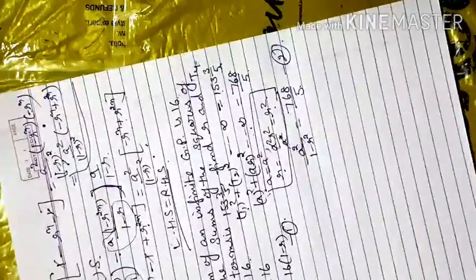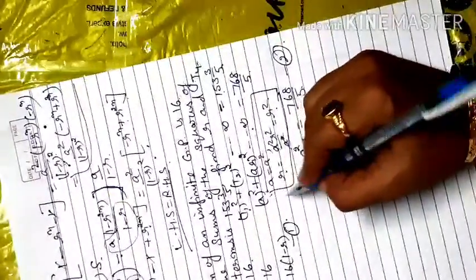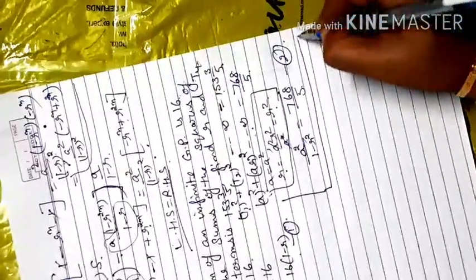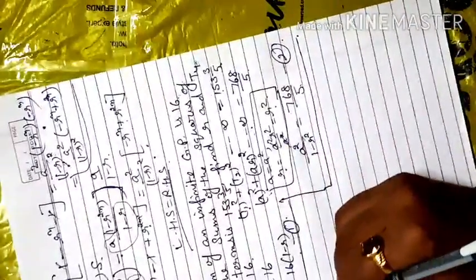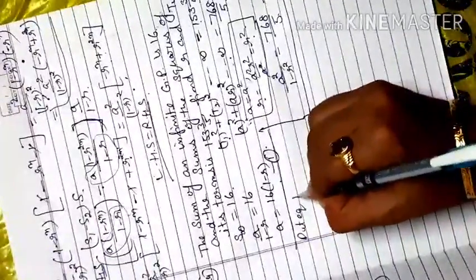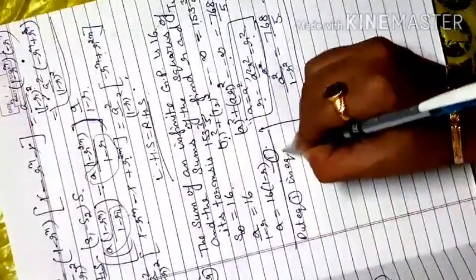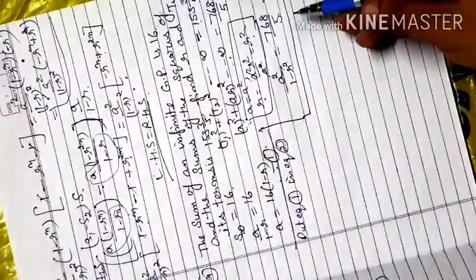So now what you will do, you will put equation 1 in equation 2. Now when you have equations 1 and 2, you have to put this equation 1 in place of a in equation 2.